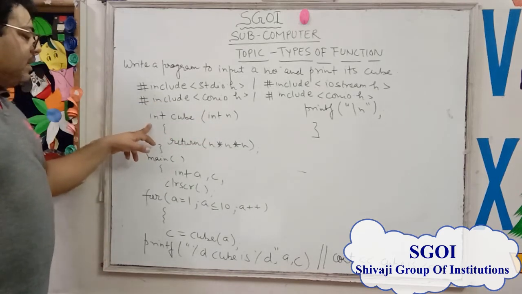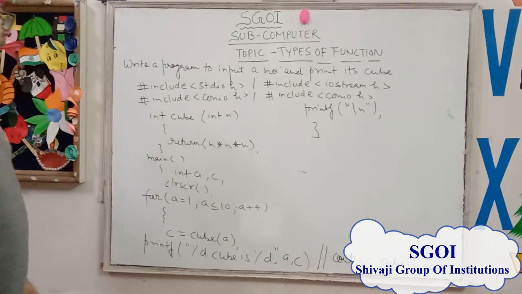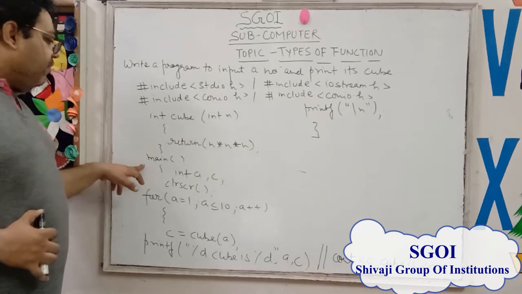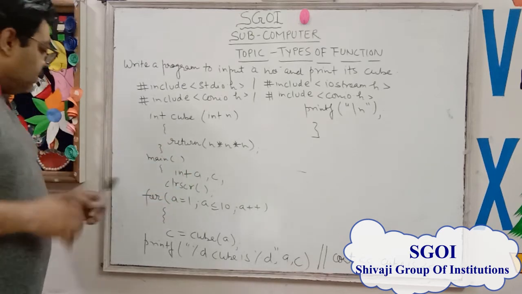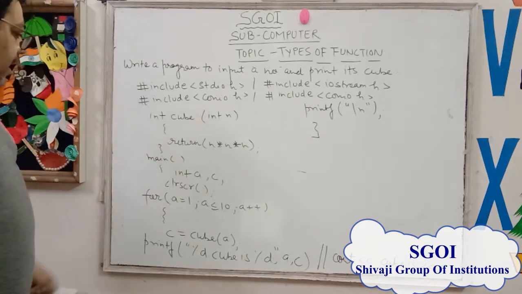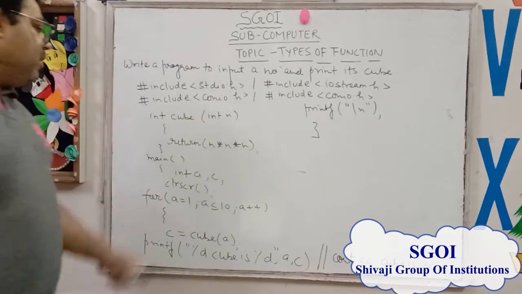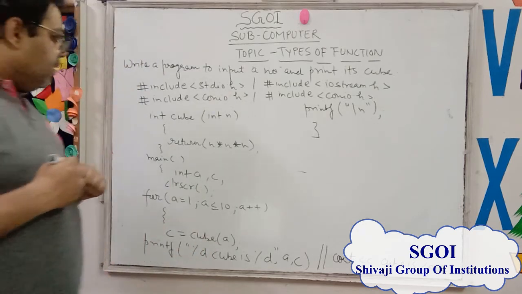Data type is integer, function name is cube, and there is a value, that is n. We return n into n into n. Then we come to the main function. There are two variables a and c, and there is a loop, a equal to 1, a less than equal to 10, and a plus plus. If a less than equal to 10 is true, then it prints the cube of the first number.